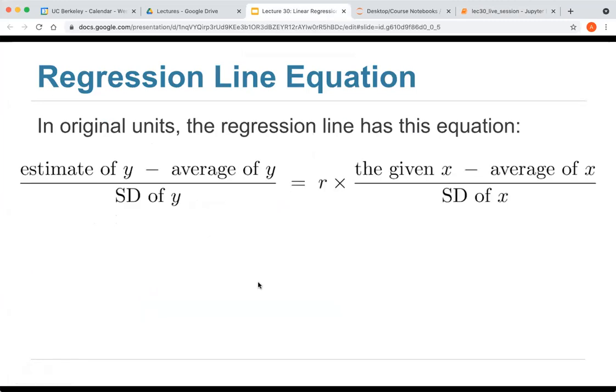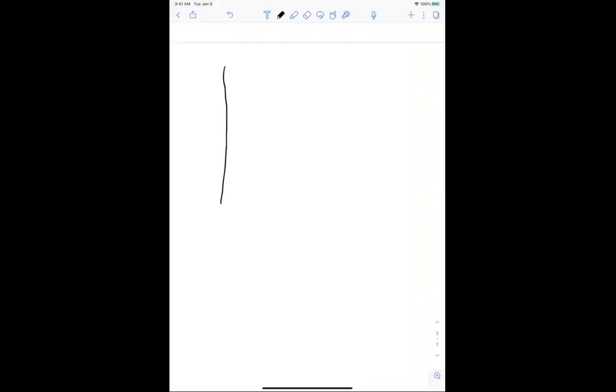And you know what? I'm not going to do algebra. I am going to show you on a picture, by using my iPad, what is going to happen here. So I have a scatter diagram that looks kind of like that.